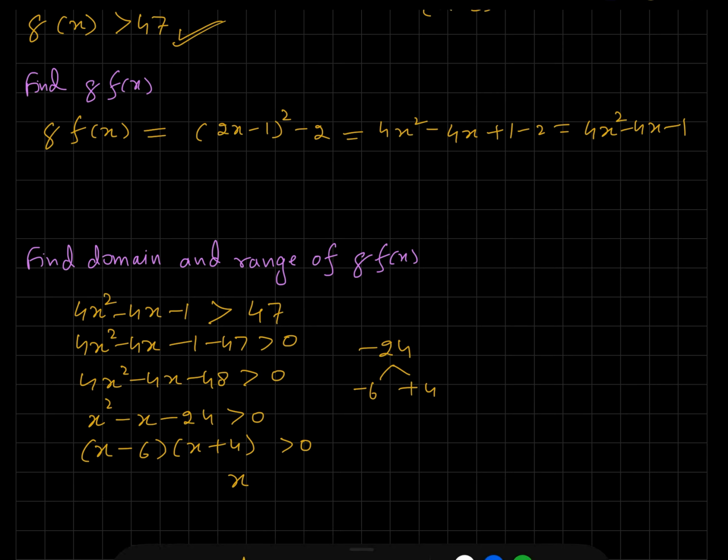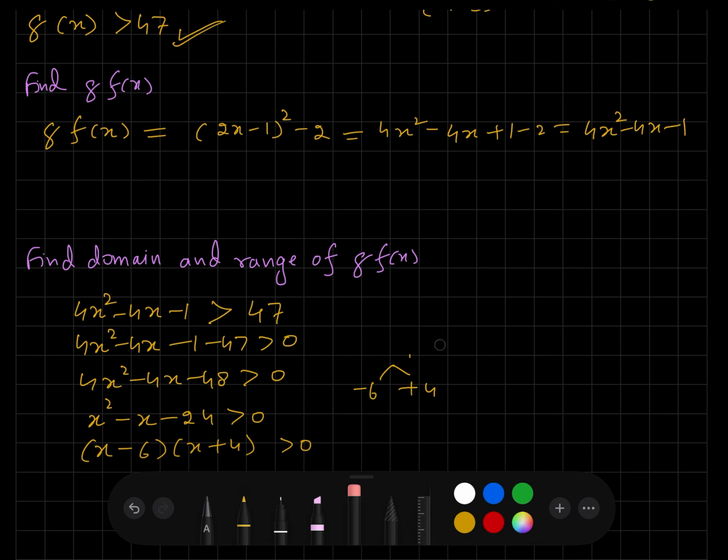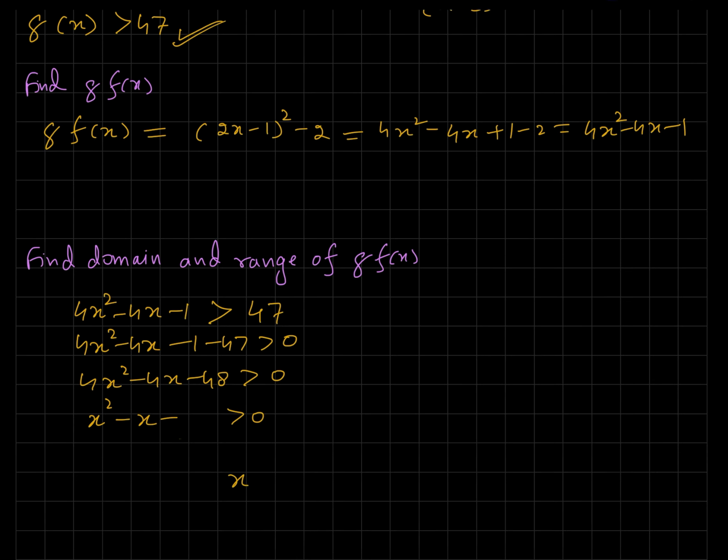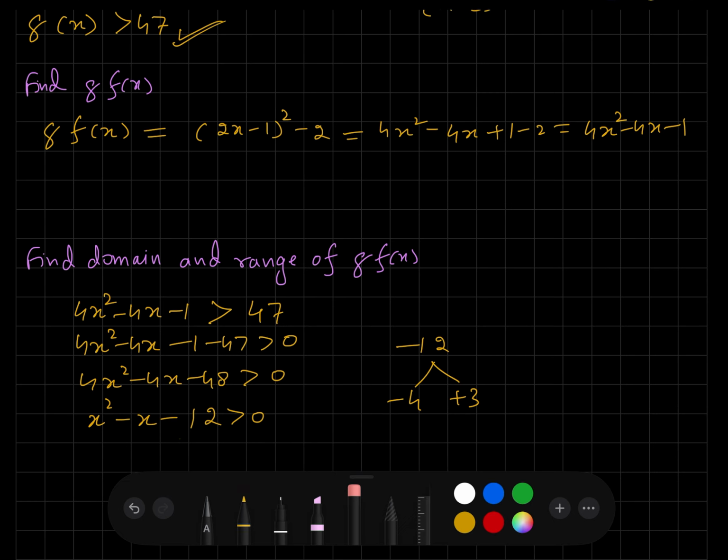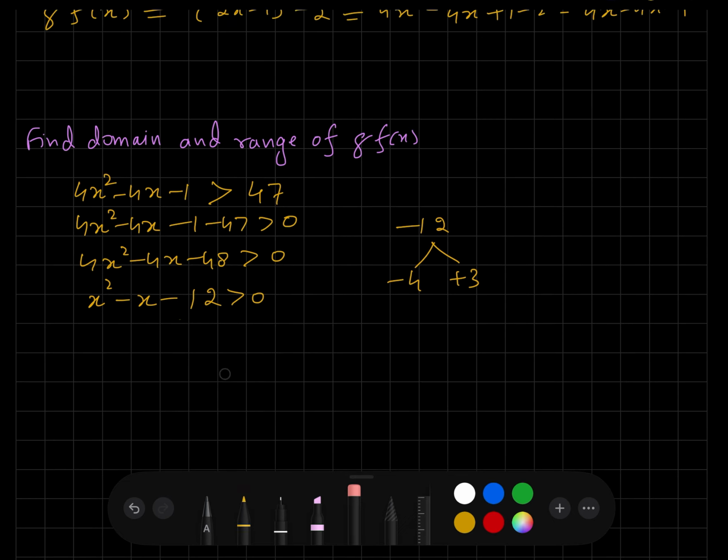It's not 24, it's 12. Let us do the correction, because 4 ones are 4 and 4 twos are 12, so negative 12 it would be. So negative 4, positive 3. Yeah, now it is correct. I was wondering why I was getting a difference of 2 here. Anyways, so this is x minus 4 and x plus 3 greater than 0.